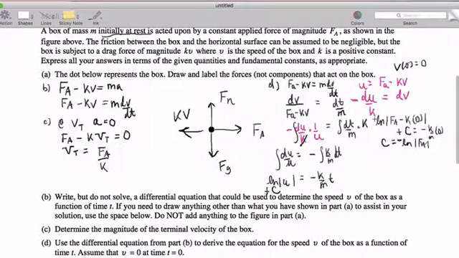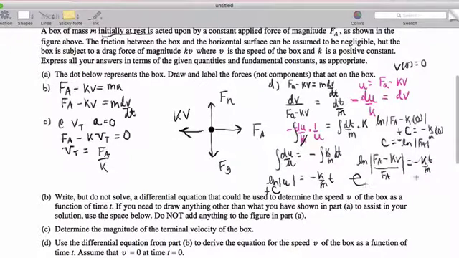Okay. Continuing with my now solved integration constant in my now solved differential equation, I can say ln of Fa minus kv, and now combining my integration constant, that's over Fa, equals negative kt over m.